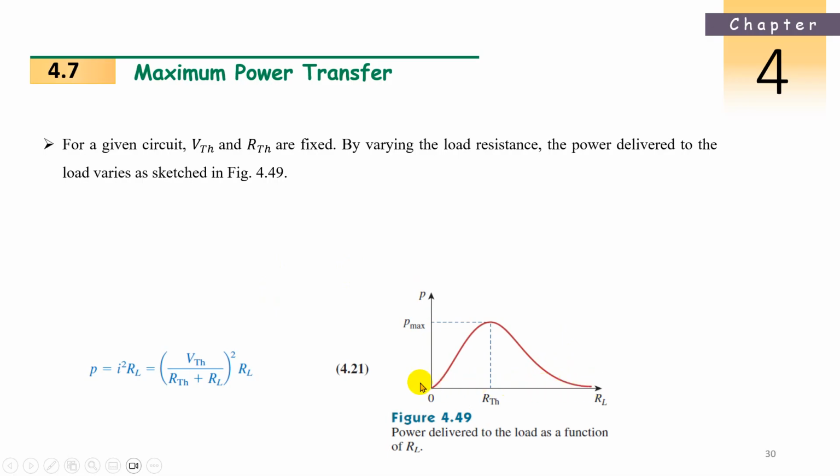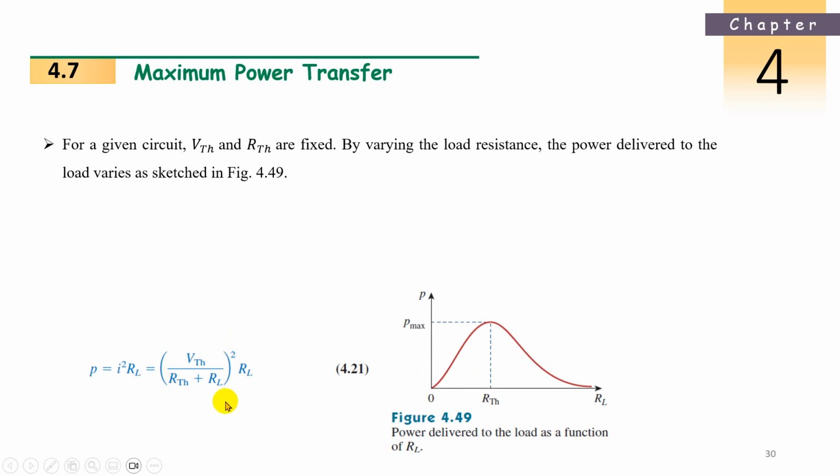RL is on the x-axis and the y-axis is the power transferred. As RL increases, the power will increase up to the maximum point where RL is equal to R Thevenin. Then it will decrease again.